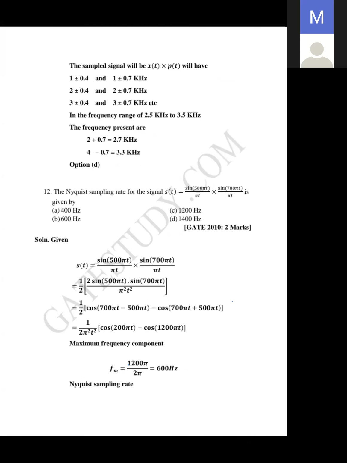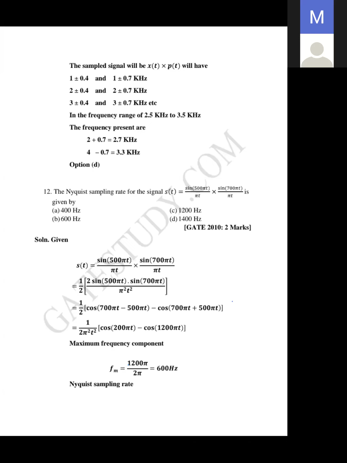Okay, so next question. The Nyquist sampling rate for the signal s of t is equal to sin 500 pi t by pi t. They have given the sinc function expansion. Sin 500 pi t by pi t into sin 700 pi t by pi t is given.